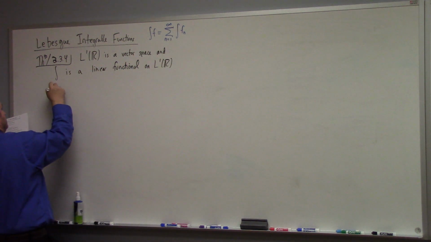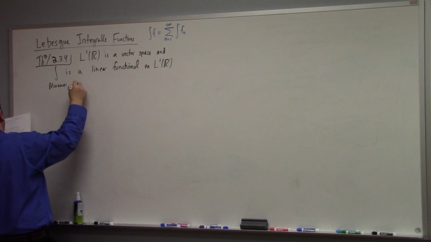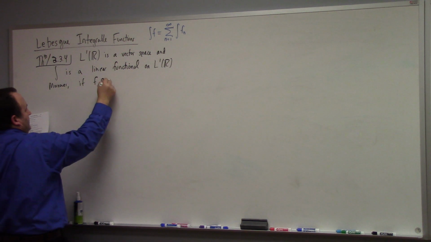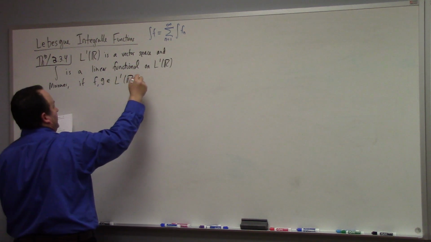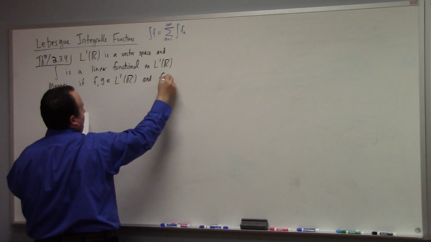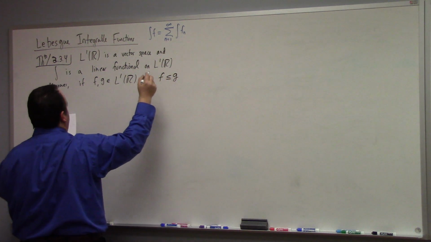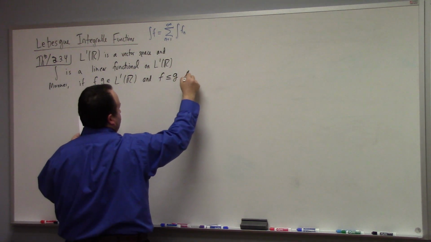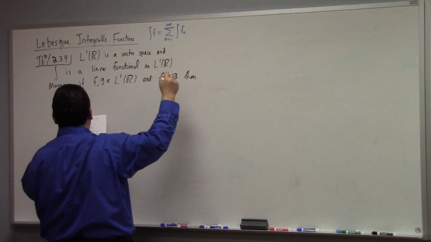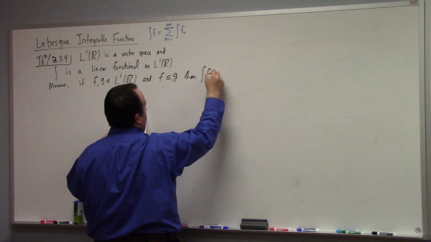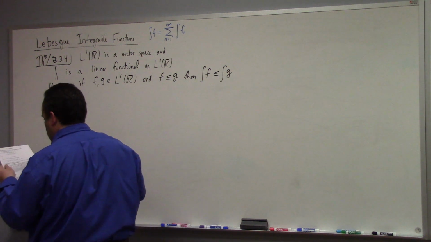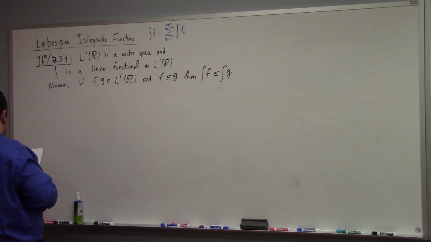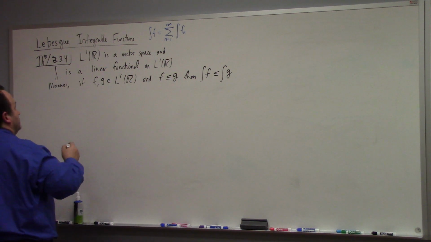Moreover, if f and g are in L1R and f is less than or equal to g, then guess what? The integral of f is less than or equal to the integral of g. All right.